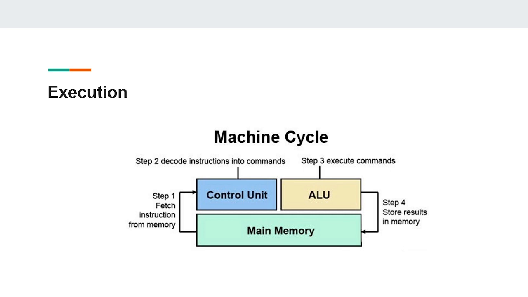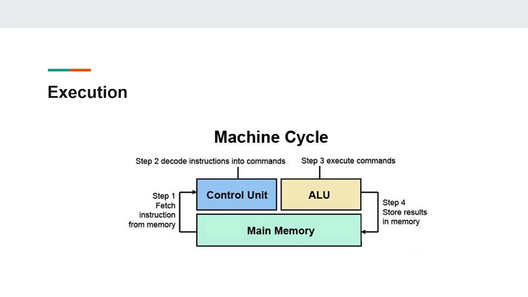The control unit will read every instruction inside that executable file and send down the commands accordingly. It will do the operations mentioned in those commands, like load, store, add, subtract or multiply.